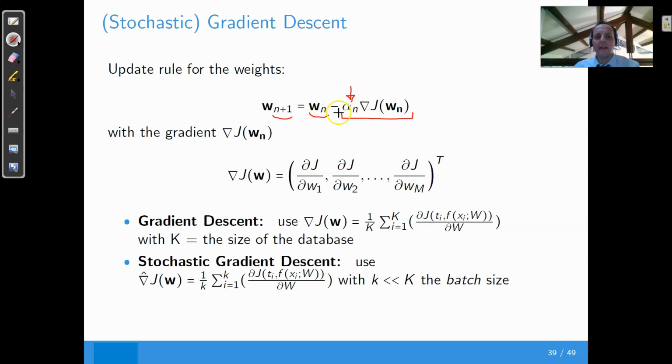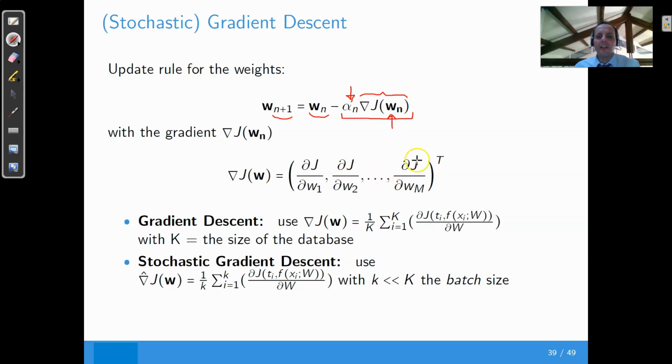The first one is defined as a training rate, because depending on the value of this parameter, which is a real value, you can increase or decrease the updating of your weights. And this is the gradient of your cost function computed on the previous value of the weights.